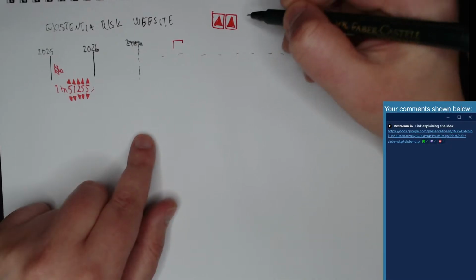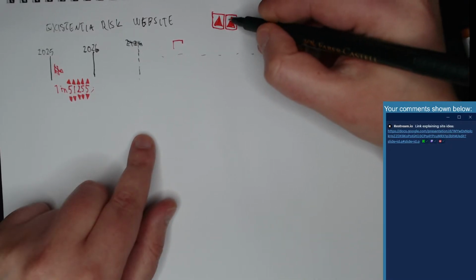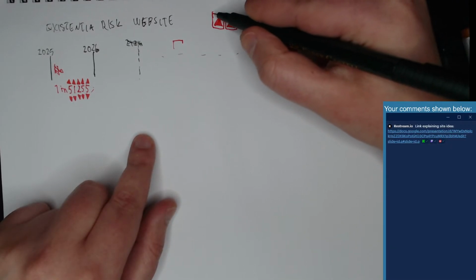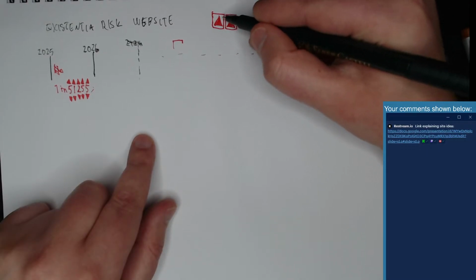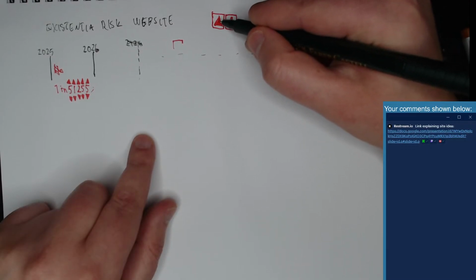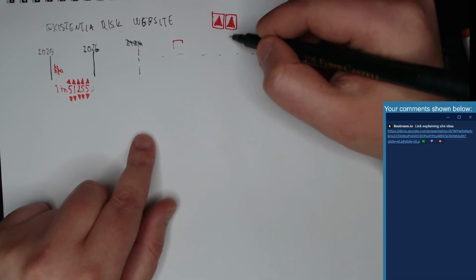So now the user knows that if I hit this square, then it means that I'm hitting up and stuff like that.